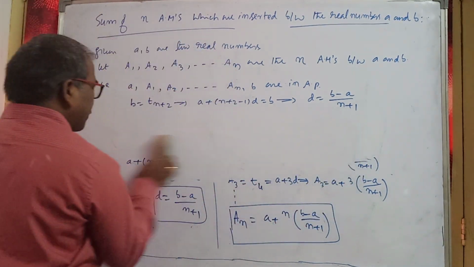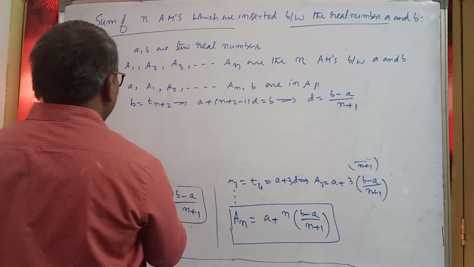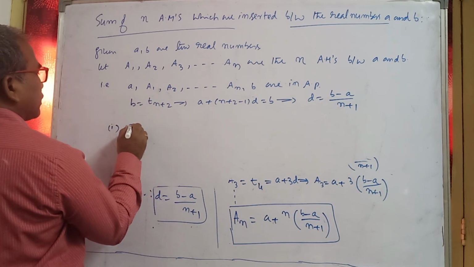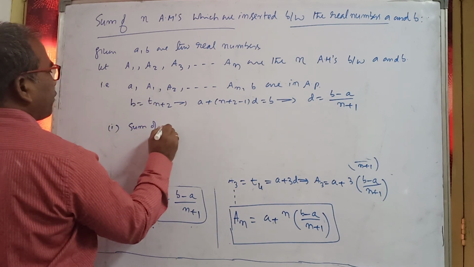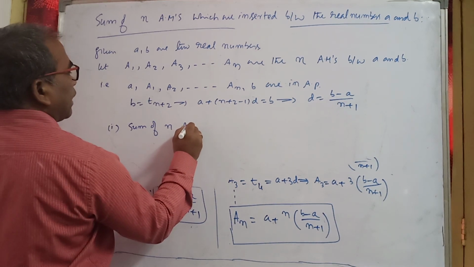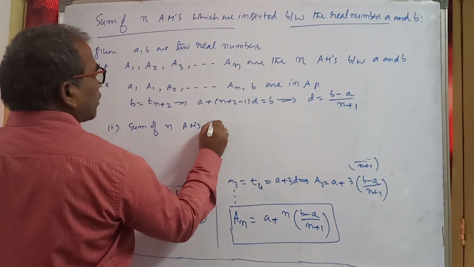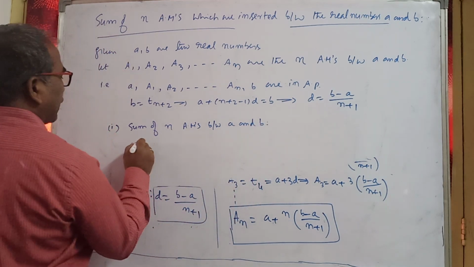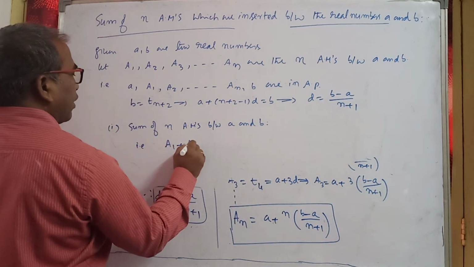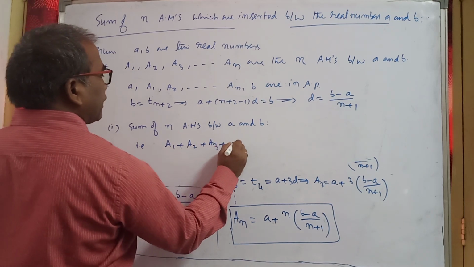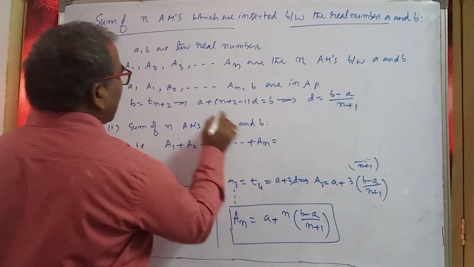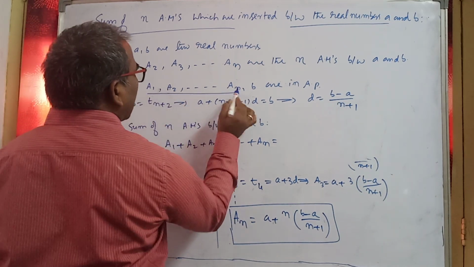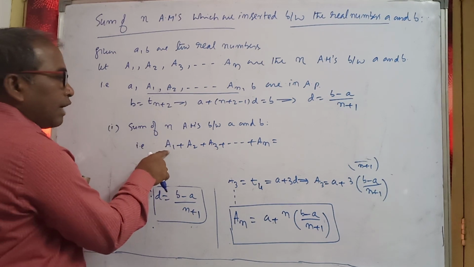Now see, first we want to find the first part: the sum of all arithmetic means between a and b. They are asking a1 plus a2 plus a3 plus ... plus an. Actually they are looking for this sum only, without calculating a1, a2, a3 individually.